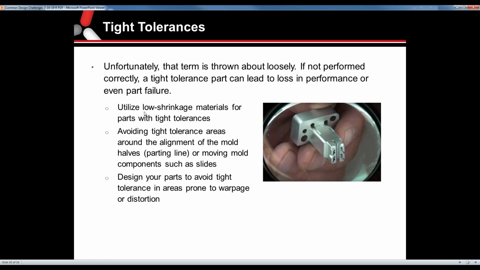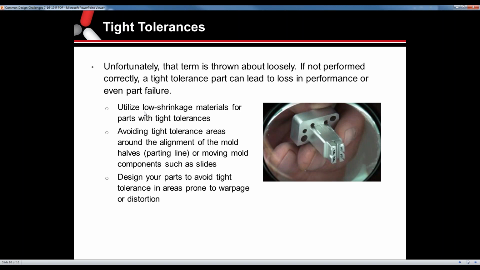So if you do have a part that's critical with some tight tolerance features, you want to look at utilizing low shrinkage materials, avoid tight tolerances in areas around alignment of the mold halves, notice parting lines or any moving components such as slides or actions that might be on the outside of the part, and design your parts to avoid areas where you may have warp.